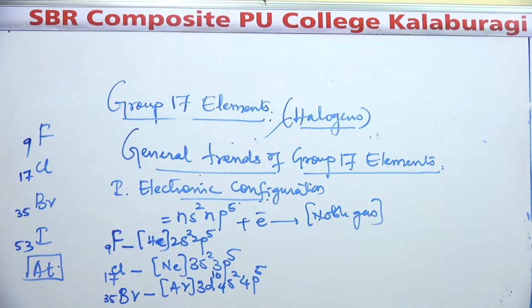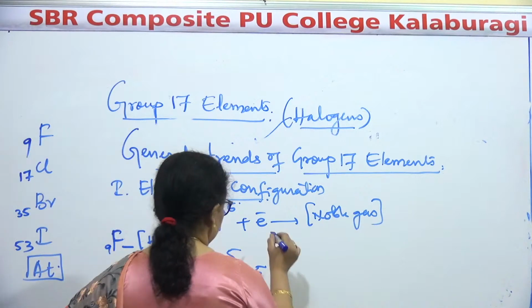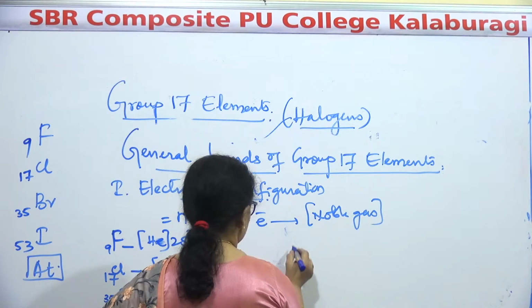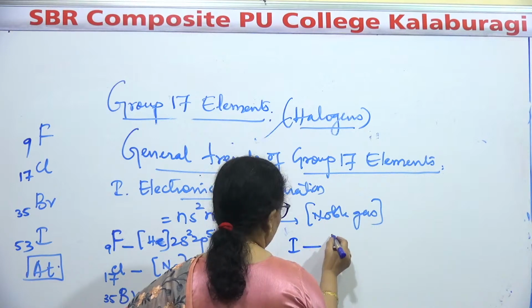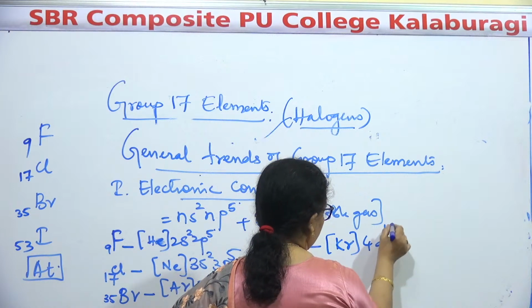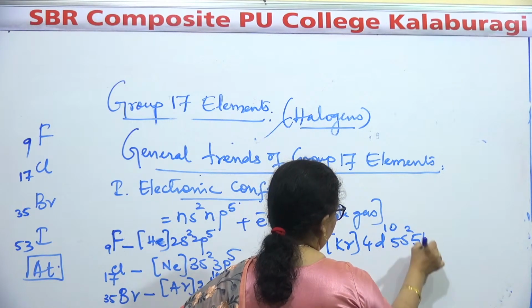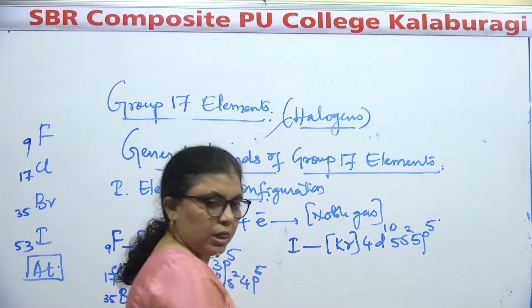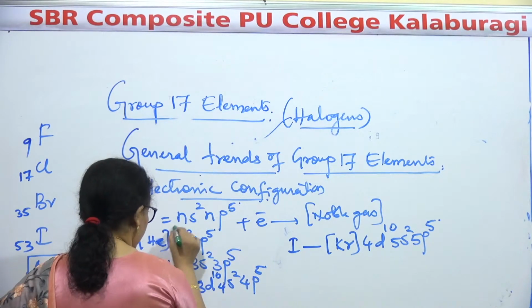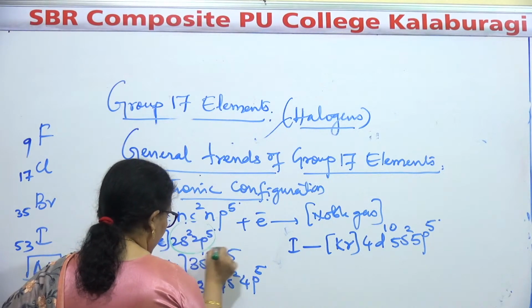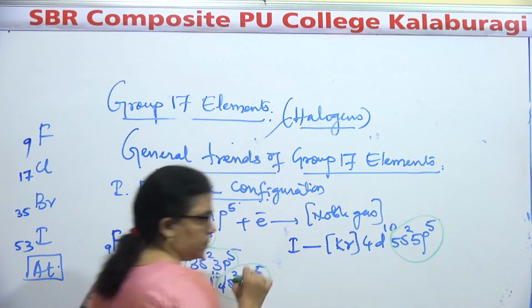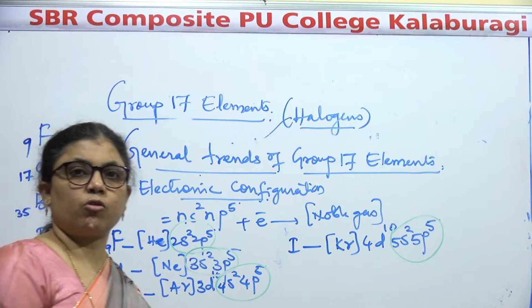Same way, iodine, krypton 4d10 5s2 5p5. In all the cases, we can observe that they have ns2 np5 electronic configuration.